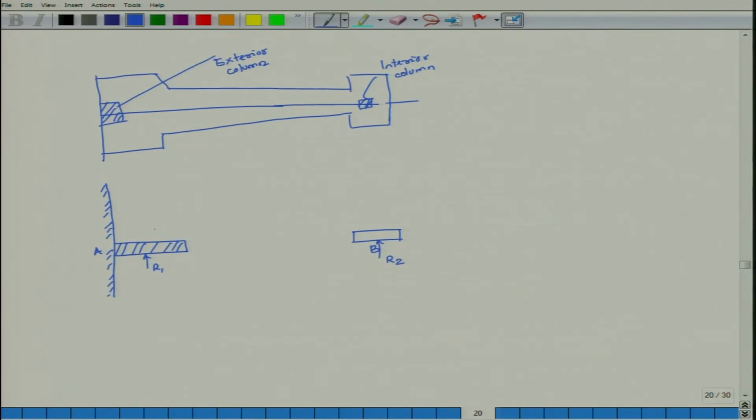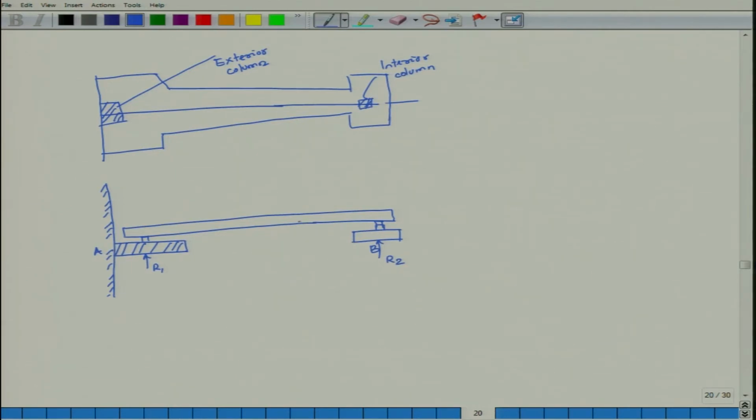Here it has been connected by means of a strap beam.